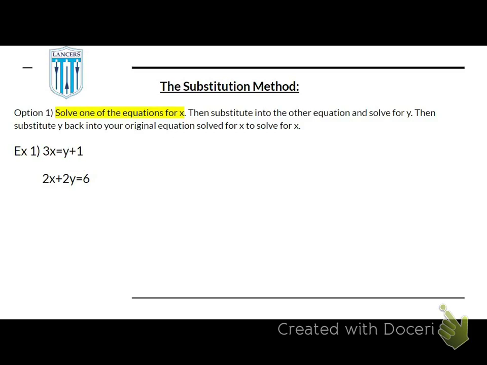You could solve the top one for x, but you're going to end up with fractions that don't reduce or don't eliminate. So I agree that we are going to solve the second one for x. If you want to make a little note by it, put solve for x. That's like our first step.